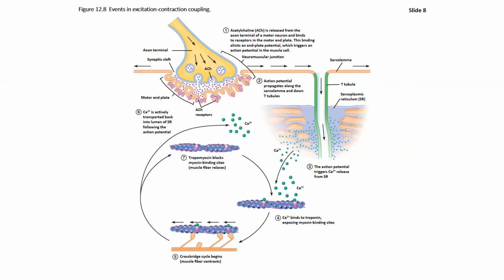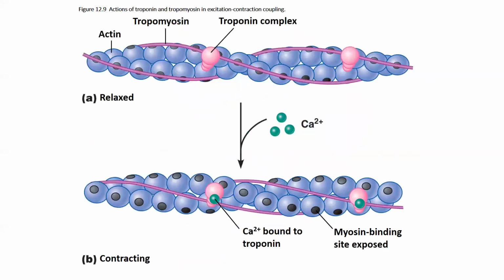It's going to allow tropomyosin to again cover those myosin binding sites. And myosin will not be able to interact with actin. So again, in the presence of calcium, the myosin binding sites are exposed, and in the absence of calcium, the myosin binding sites are covered or hidden, and you cannot have cross-bridge cycle. Any questions on that?